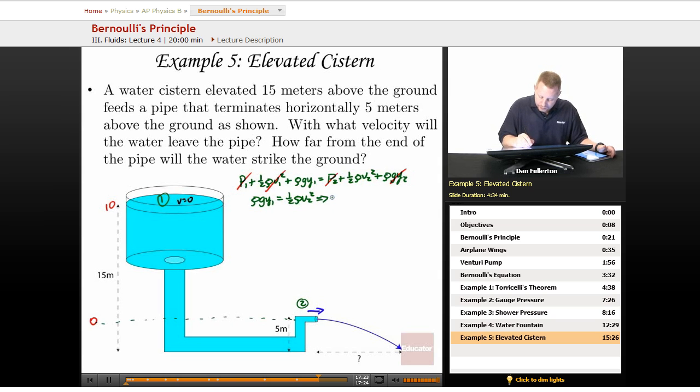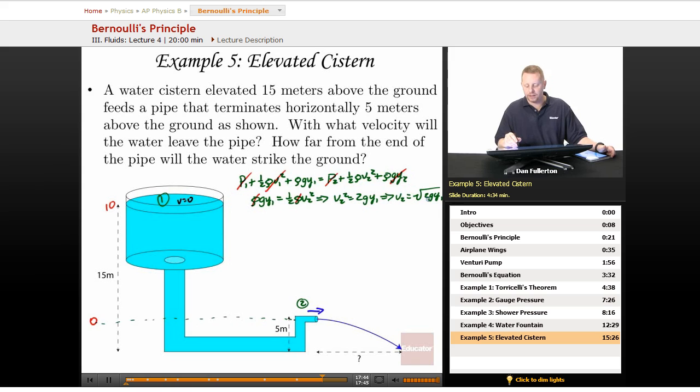Or, as we substitute in our values, first off, we can get rid of the rho's. g y1 equals 1/2 V2 squared, or V2 squared equals 2 g y1, or V2 equals the square root of 2 g y1.